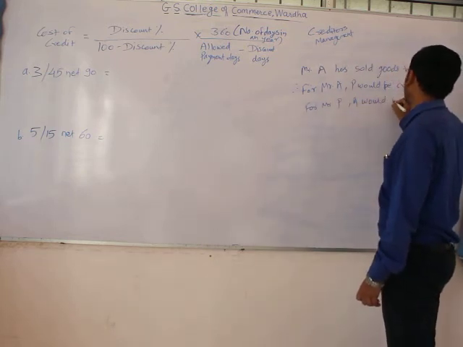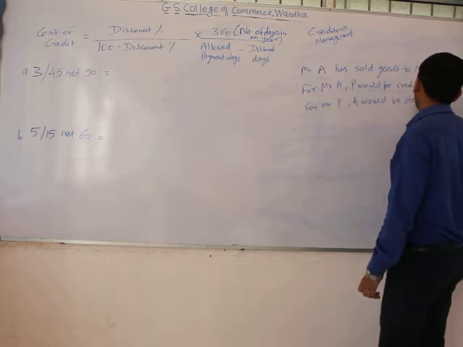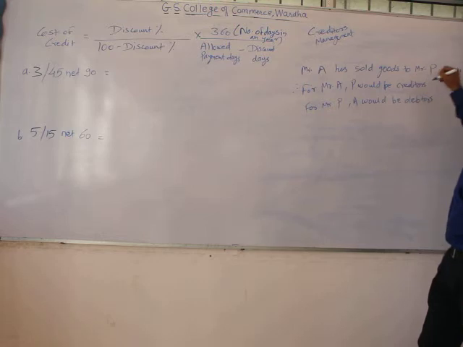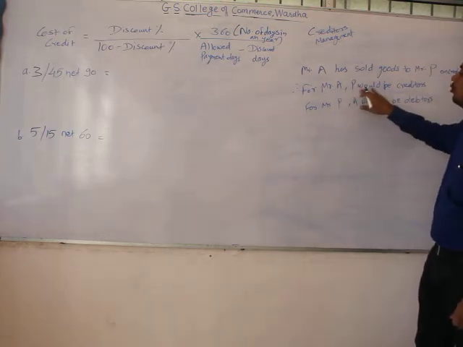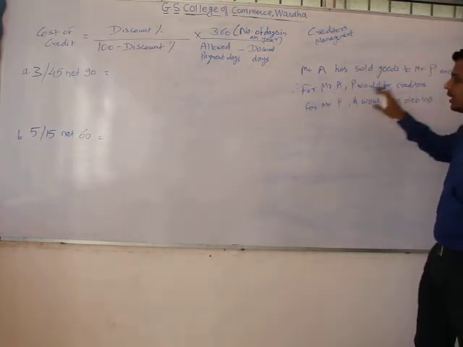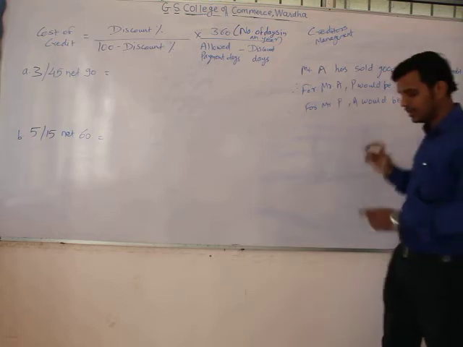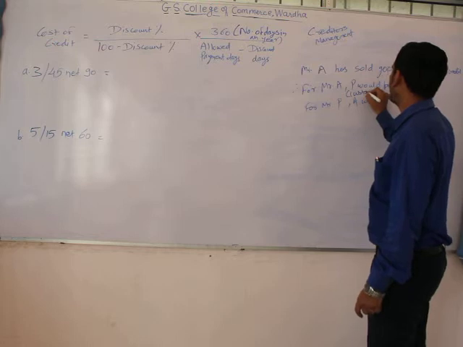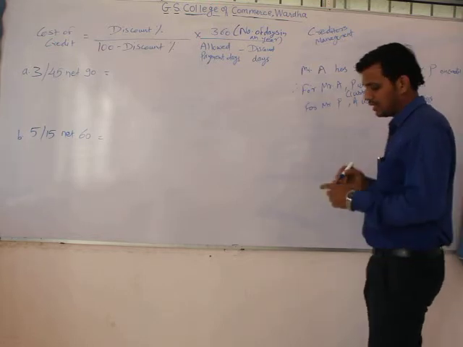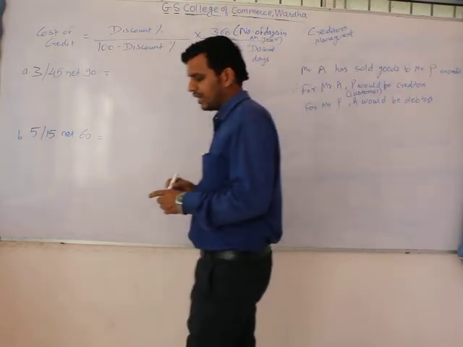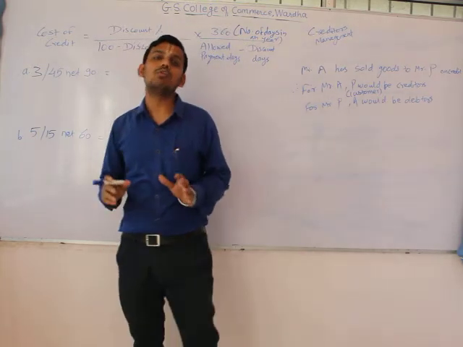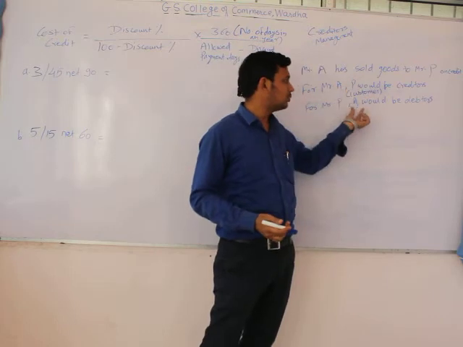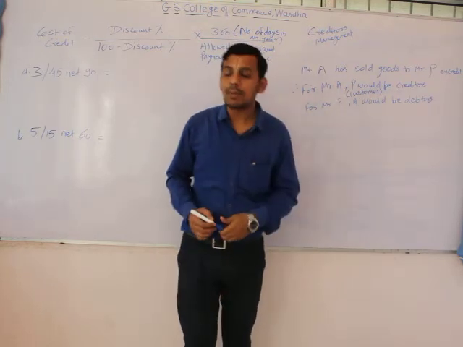That is the interchangeable relationship between both the persons. As P is a customer to whom credit sale was made, hence A has to determine the cost of credit, what discount policy it should offer to its customer. For this particular example, it should be for P.